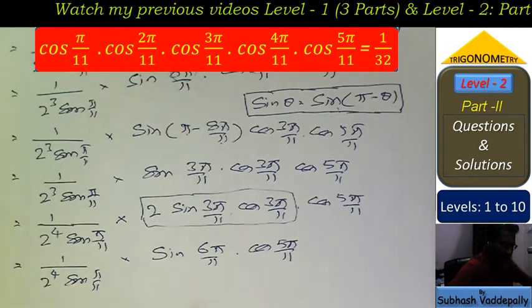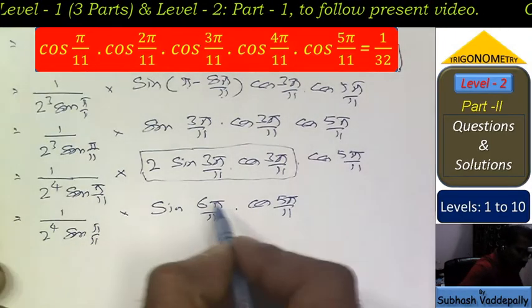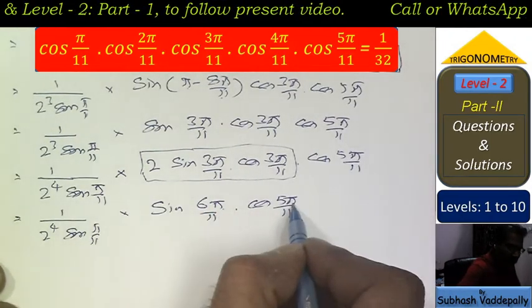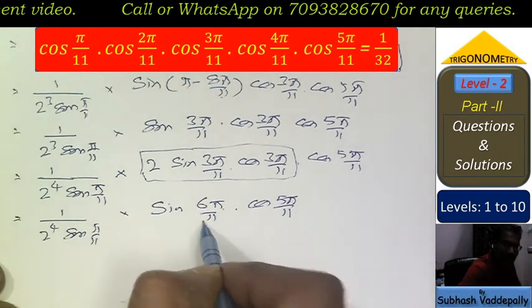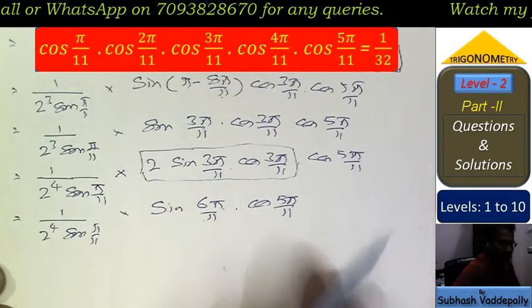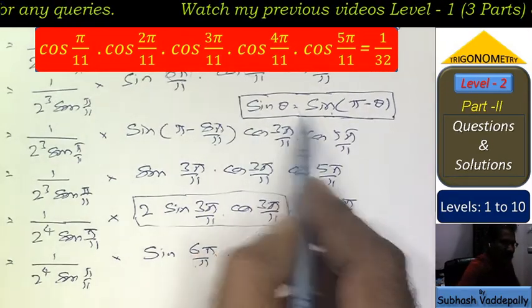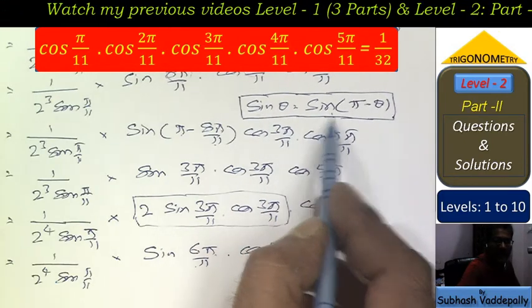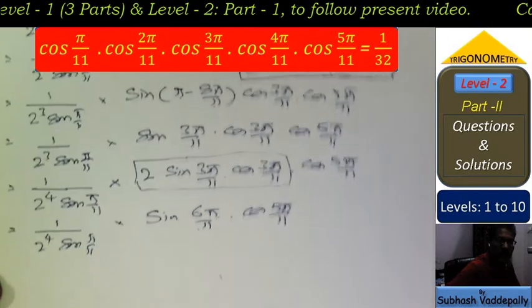Okay. And again here you can see these two angles, 6 pi plus 5 pi together it is giving 11. Again I am going to change this sine 6 pi by 11 by using the previous formula. What is that previous formula? Recall, every sine theta you can express as sine of pi minus theta. So again I am going to use the same formula over here.